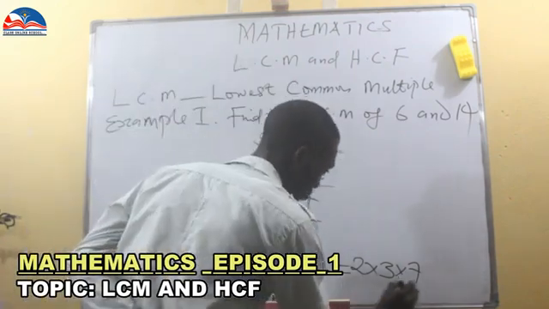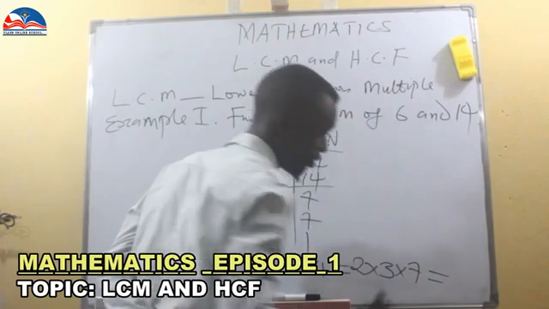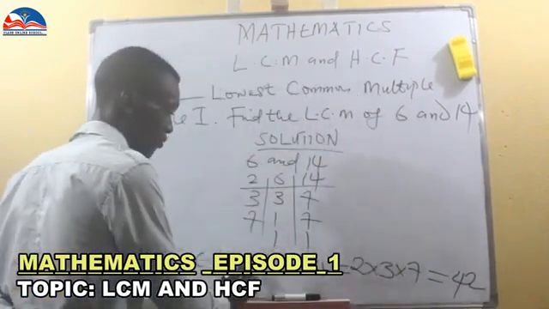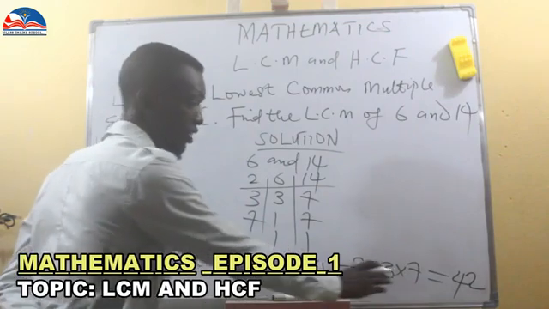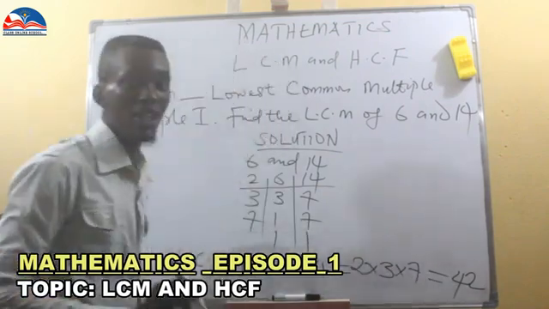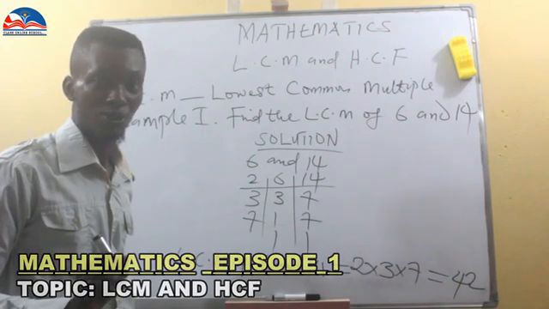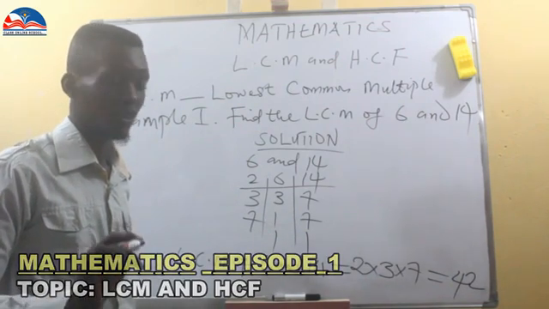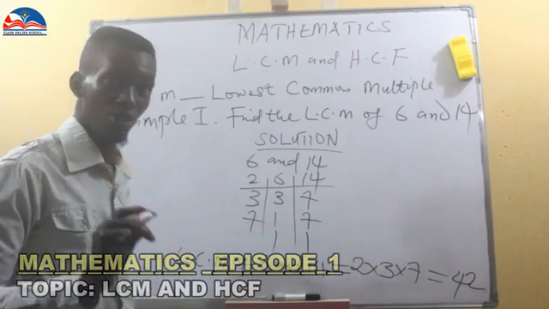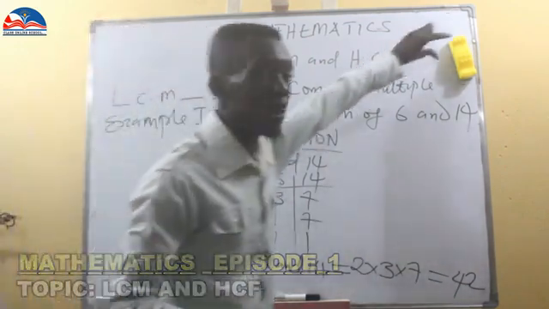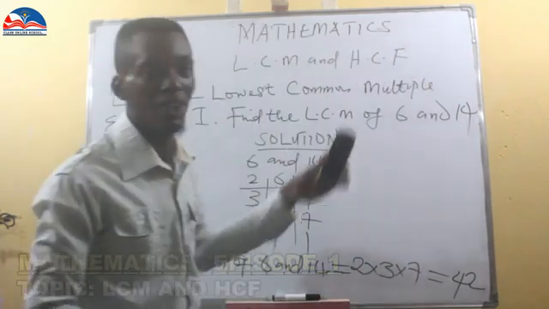So our answer here becomes 42. The LCM of 6 and 14 is 42.